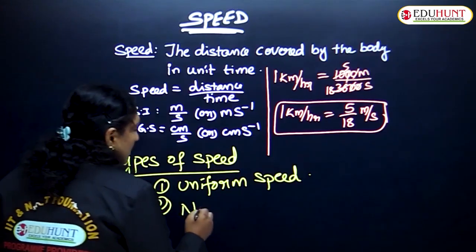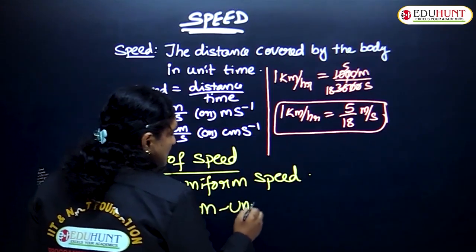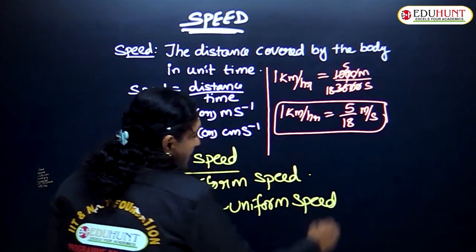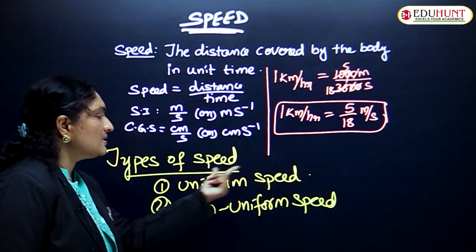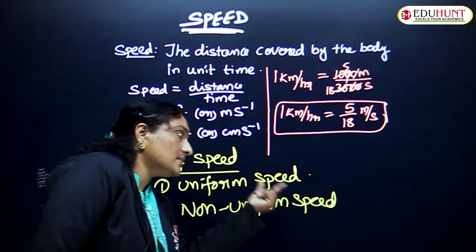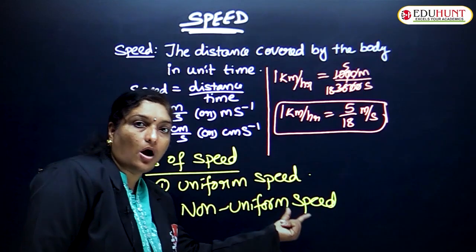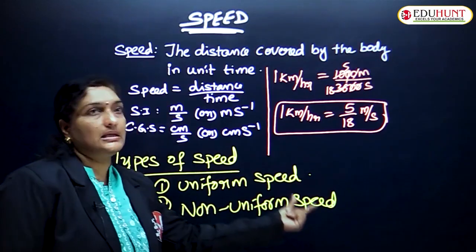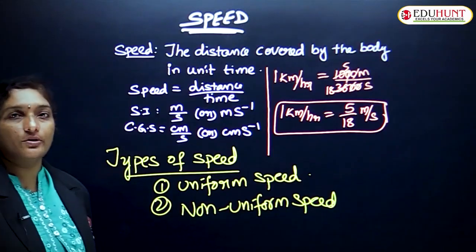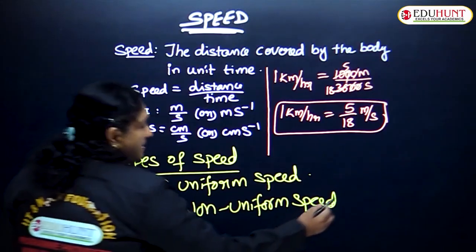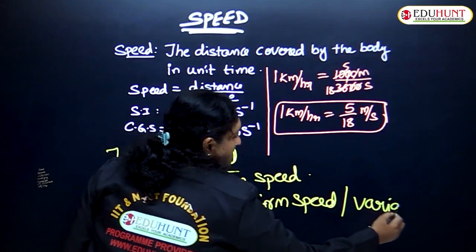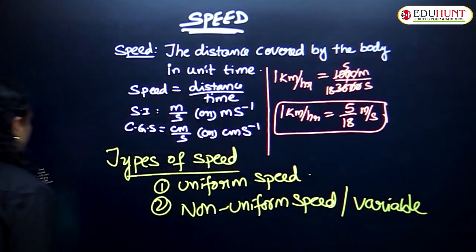What is that, children? Non-uniform speed. Either must be unequal. Here, unequal distances in equal intervals of time, or equal distances in unequal intervals of time. Both can be regarded as non-uniform speed. Another name for non-uniform speed is variable speed. What is that, children? Variable speed.